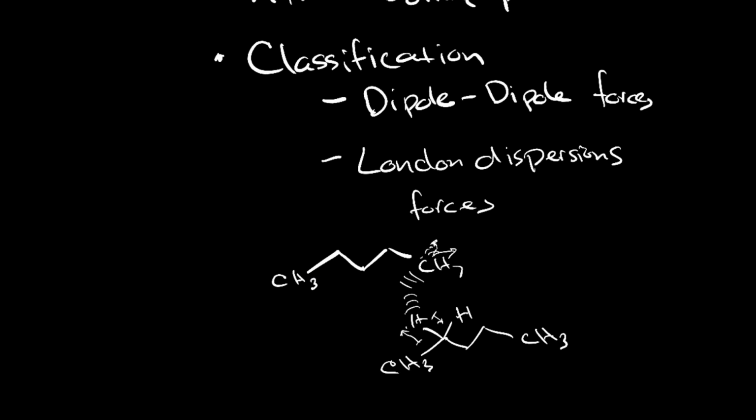And I know I've drawn them opposing the electronegativities, but the electronegativity difference between carbon and hydrogen truly is not huge. And so because you can induce what we'll call induced dipoles, they're induced by being in close proximity.